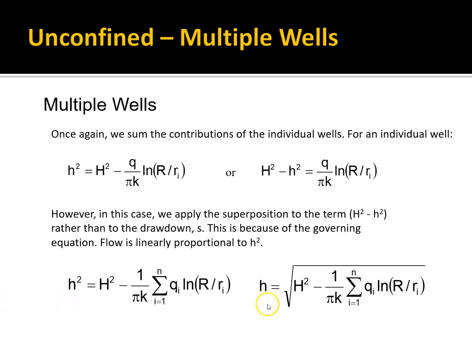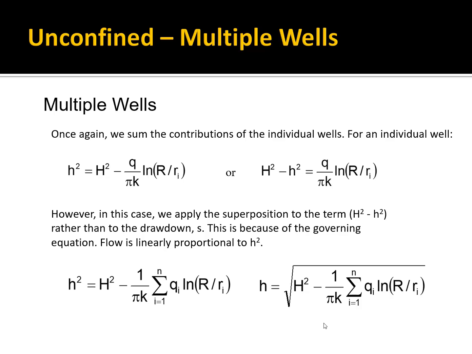If you solve this for h, we get h equals the square root of H squared minus 1 over pi k times the sum of Qi ln capital R over Ri. So again, you could overlay a grid over your aquifer in plan view, and for each well calculate the radius r sub i from that well to the point in question, plug in the pumping rate for that well, repeat that for the other wells and add that up.